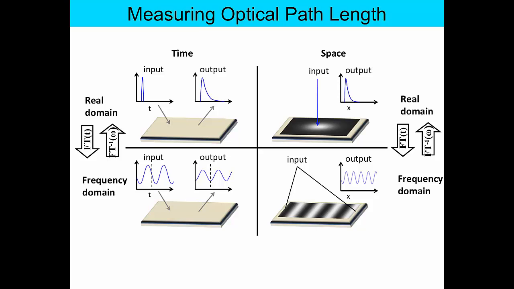What they're doing is approximating all of the information content that's available in the real domain experiment. You know that if your pulse is short enough, it contains all frequency components. In the frequency domain, you can select the frequency components that you want, so you have just enough to resolve absorption from scattering.